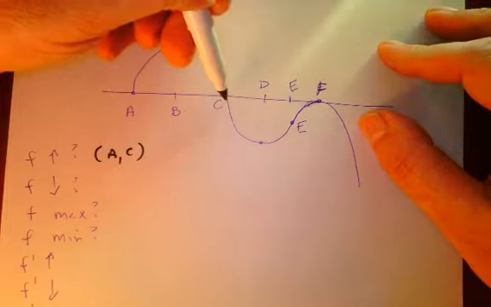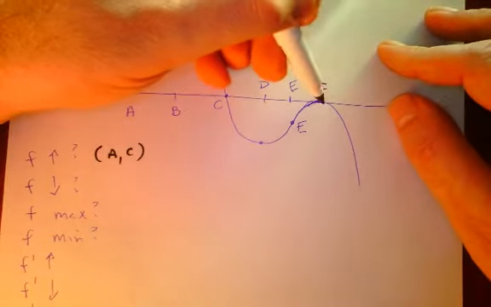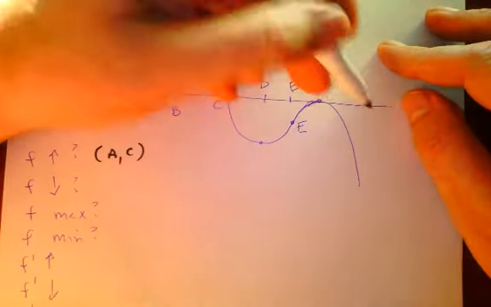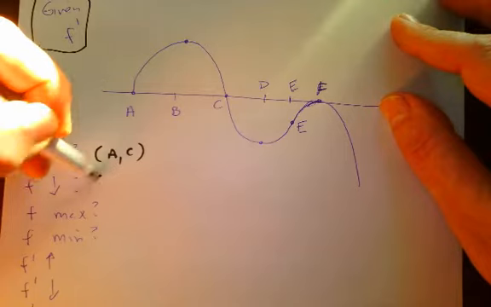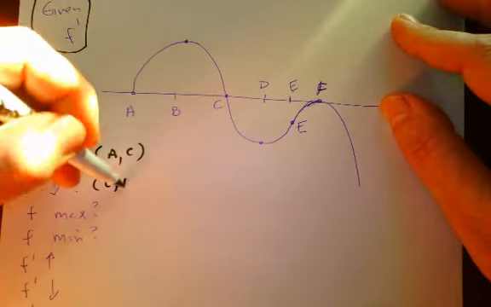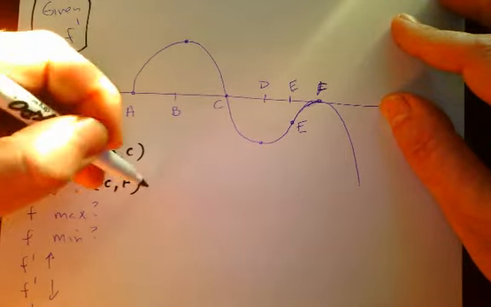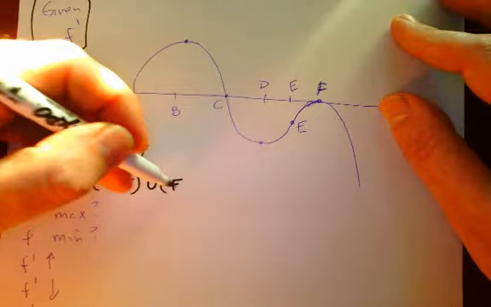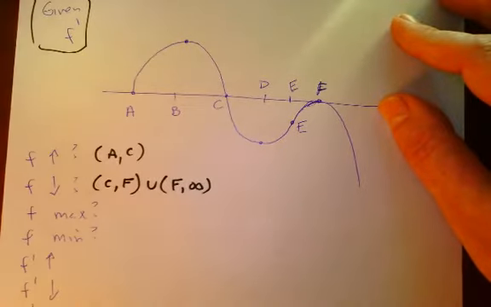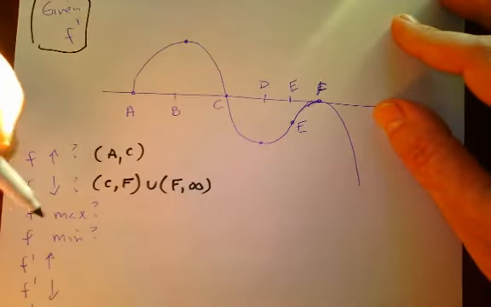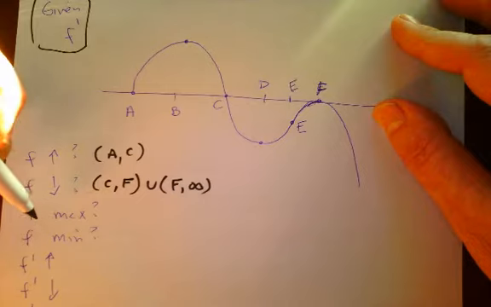And if f has negative slopes, then f prime would be below the x-axis on f prime. So that seems to happen from C to F and after F. So I think here I'm going to say C to F union F to infinity.